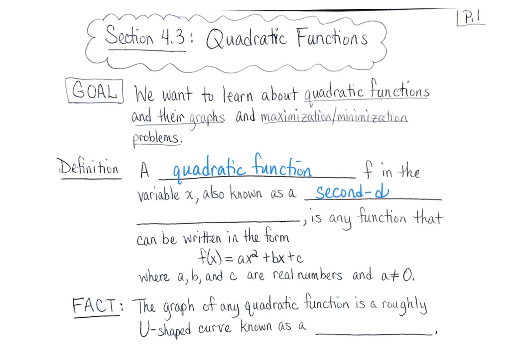First degree is what kind of function? A linear function, very good. Quadratic is a second degree polynomial function that can be written in the form f of x equals ax squared plus bx plus c, where a, b, and c are real numbers and a is not equal to 0.